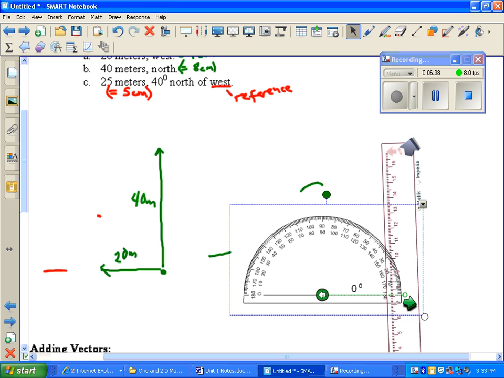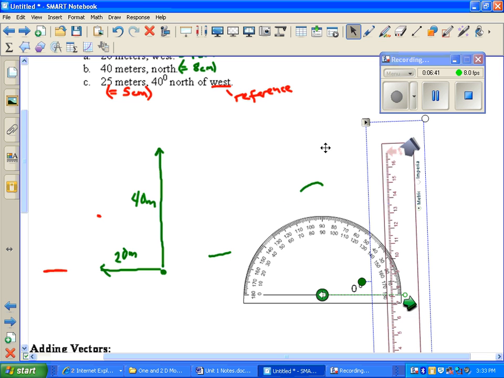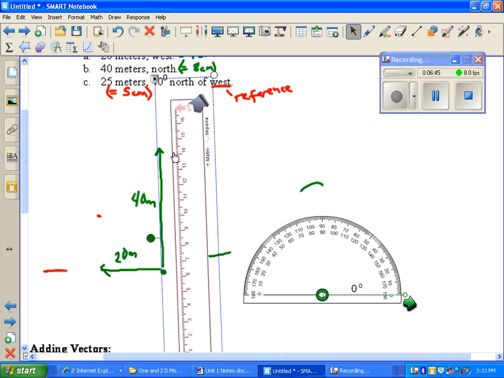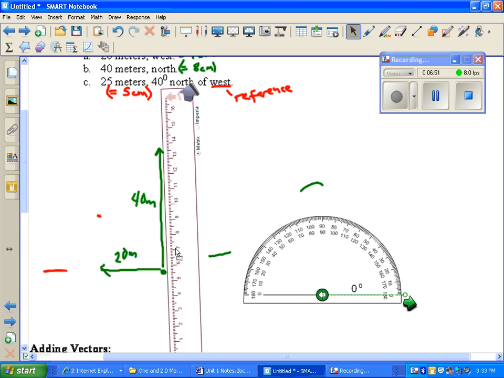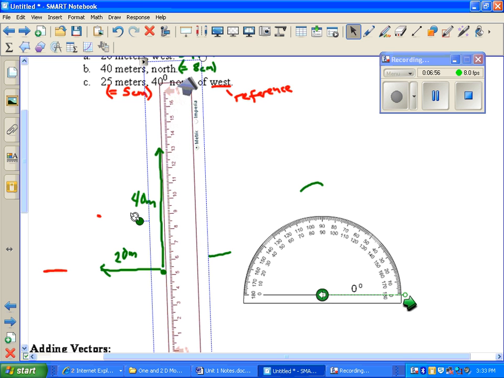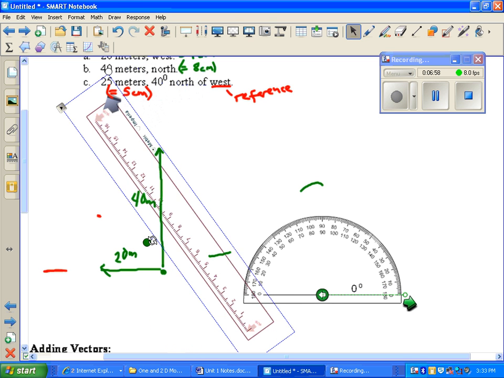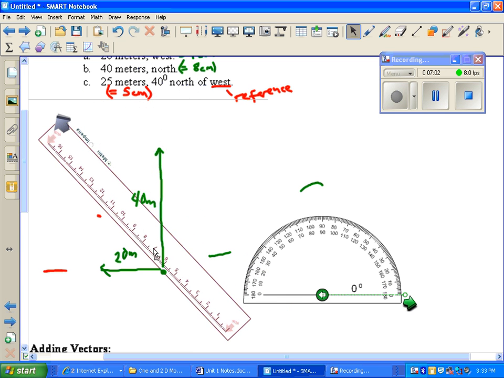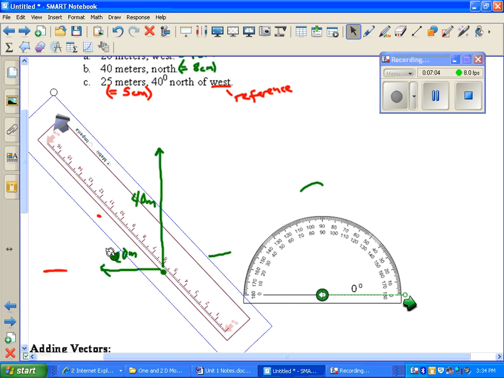So I will take my ruler again. Okay. And then I have to put it at the origin. I'm going to have to rotate it so that it is going through that point.